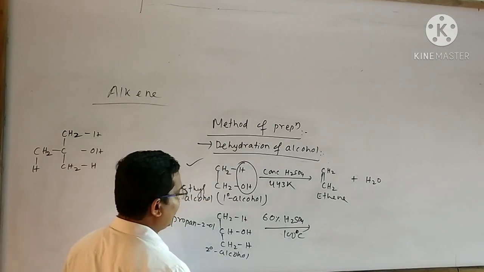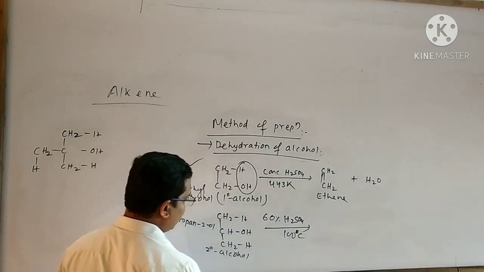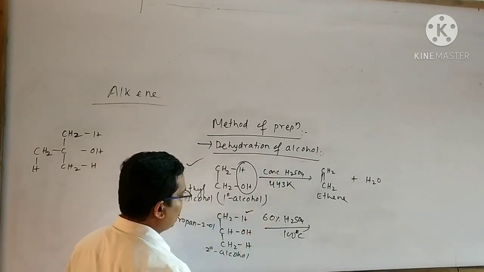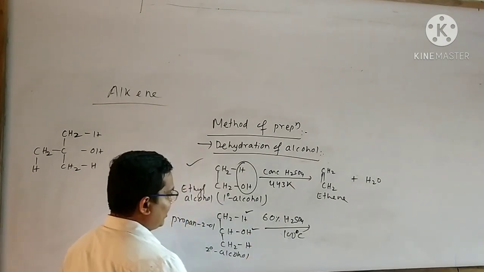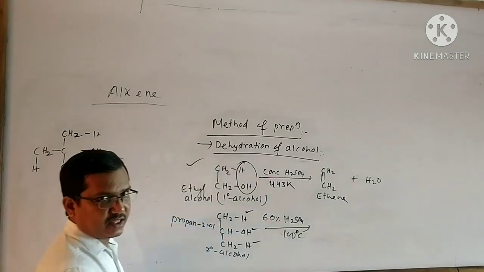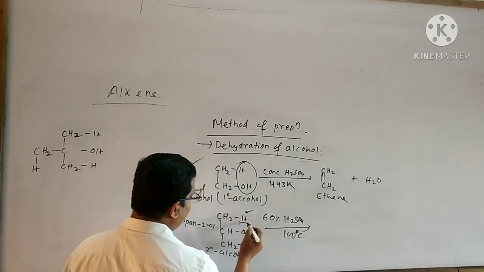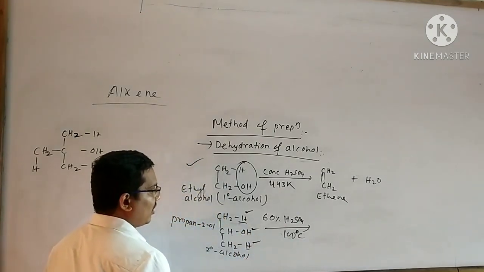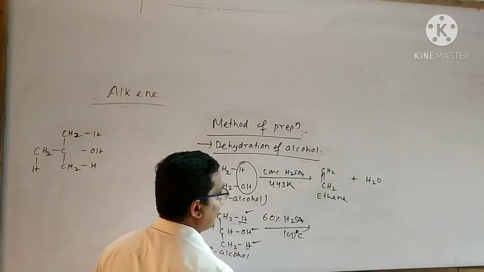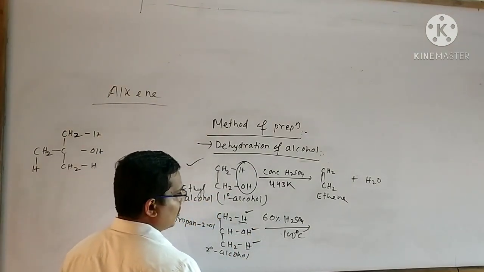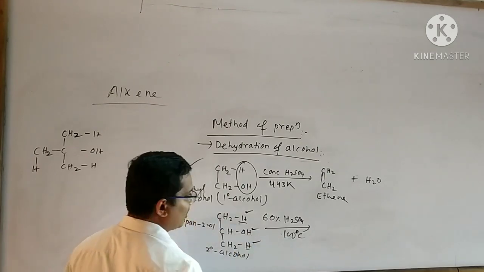For water molecule, we need one hydrogen and one OH. Your hydrogen atom is present, your OH group is present, also a hydrogen atom is present. As your choice for water molecule, you can take this hydrogen or this hydrogen. Among these two hydrogens, you can take any hydrogen and also take this OH group for the formation of water molecule.